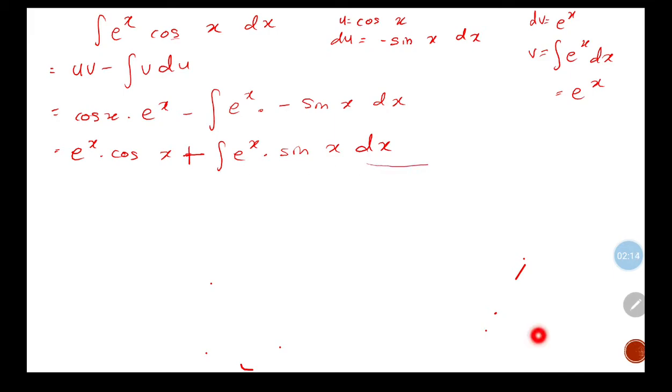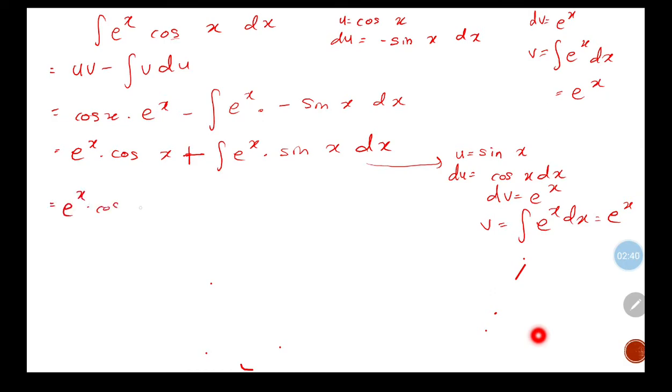So again, what is u? We choose the trigonometric function, which is sin x, and du is cos x dx, where dv is e^x and v, the integral of e^x dx, is e^x.